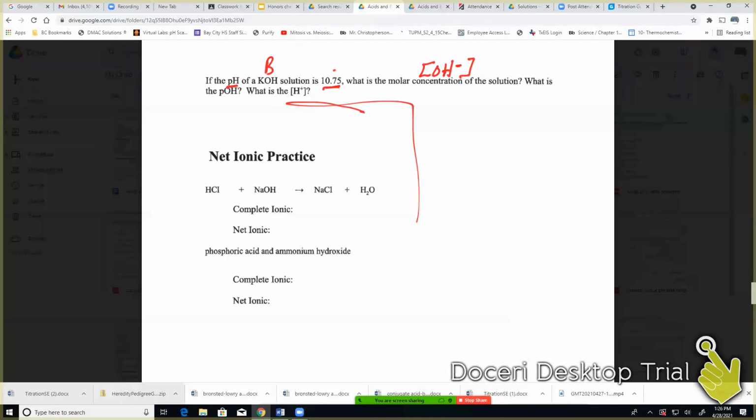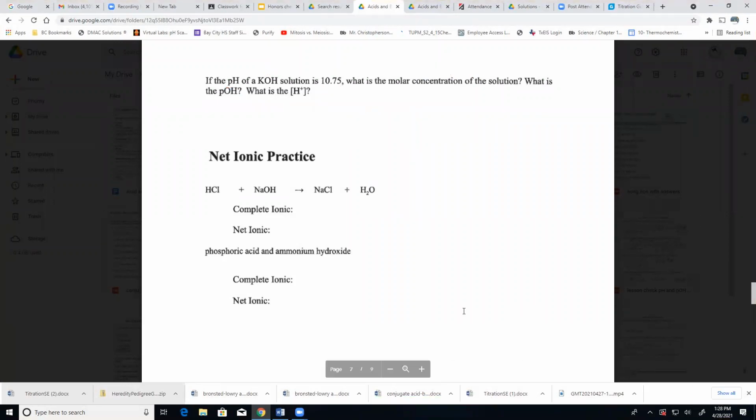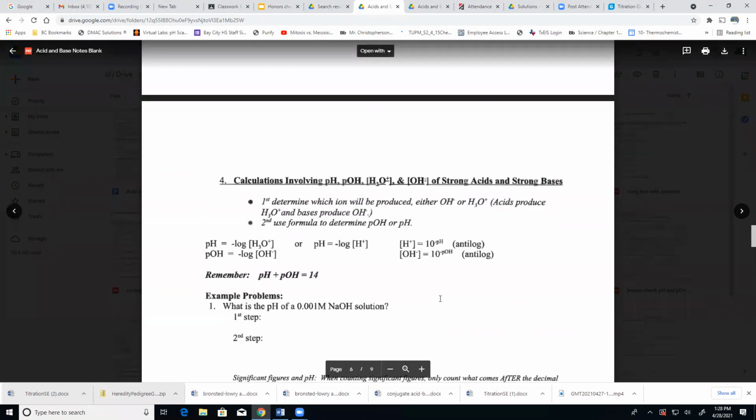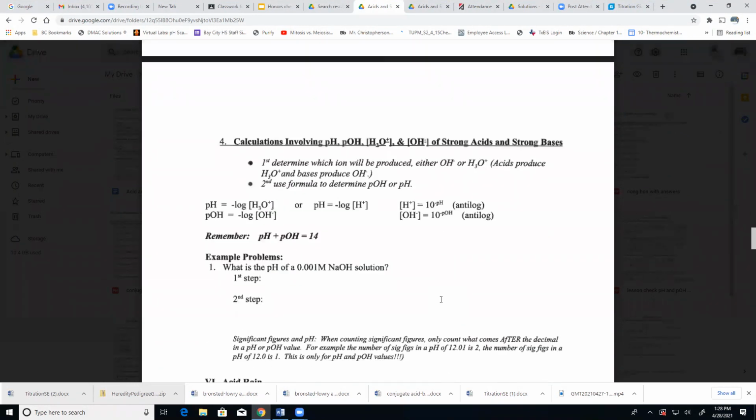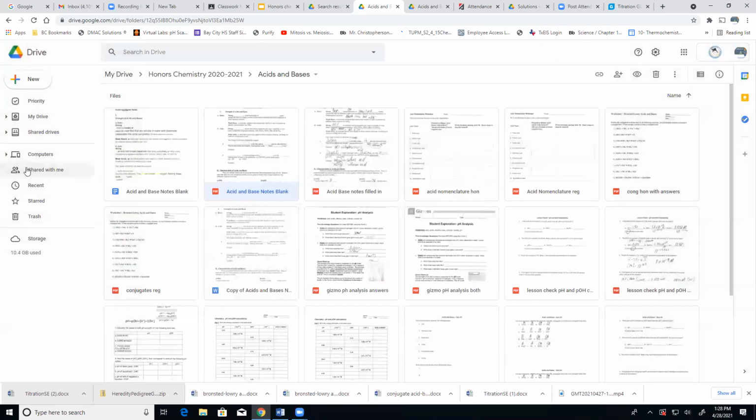Ronnie, what do you need to do to get your pOH if you know your pH already? From 14. So do that first. That's going to be your first step. So 14 minus 10.75. So once you've done that, where are you at?